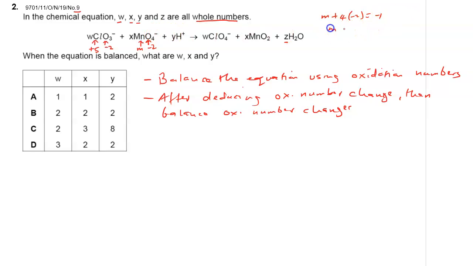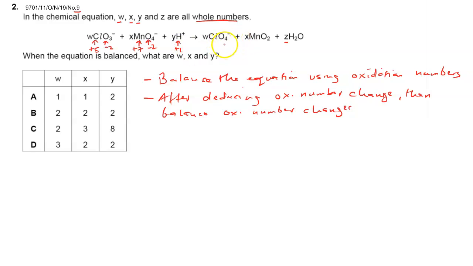So M minus 8 is equal to -1. So M is equal to +7. The oxidation state of manganese there will be +7. Of course, for hydrogen here, this will be +1.